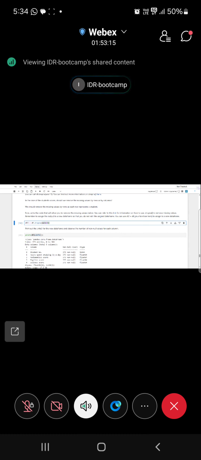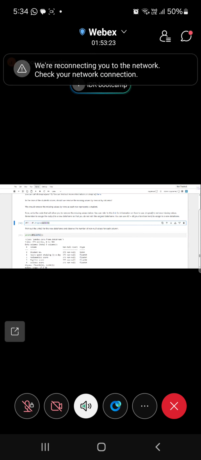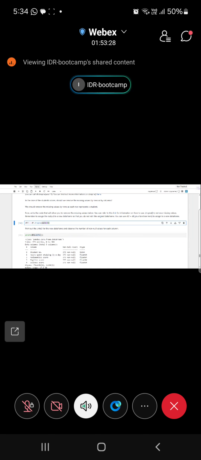So axis equals 0 means what? What are we dropping? First, null values. I told you yesterday, and before also, whenever you write axis equals 0, it means you are talking about rows.